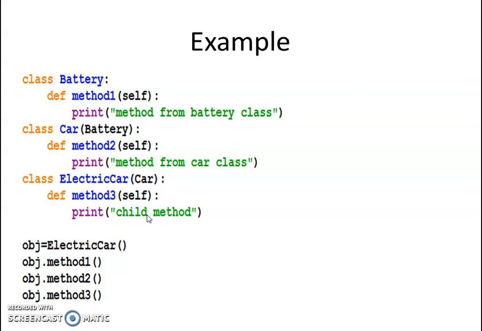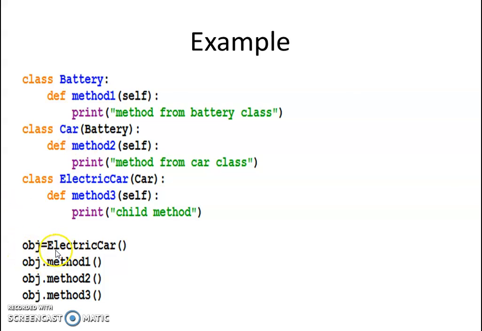So here you can see what kind of inheritance we are achieving. We have one child deriving from a parent class and another child deriving from the first child class. So this type of inheritance is multi-level inheritance. So in this code we are achieving multi-level inheritance.